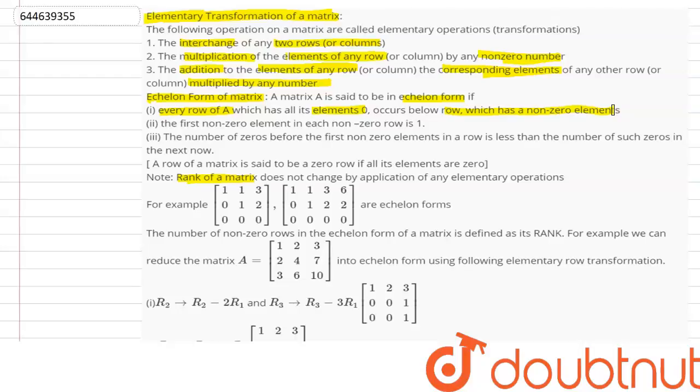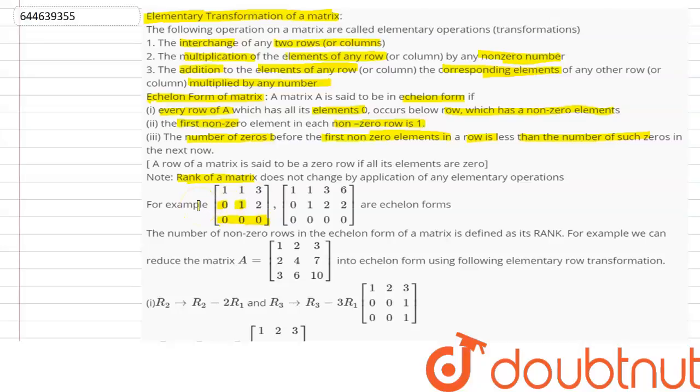That means if we have a 0 in a row of our echelon form, then after the 0 the first non-zero element should be 1. And the third condition is the number of zeros before the first non-zero element in a row is less than the number of such zeros in the next row. That means if a row has 3 zeros, then it should be after the row which has fewer than 3 zeros.